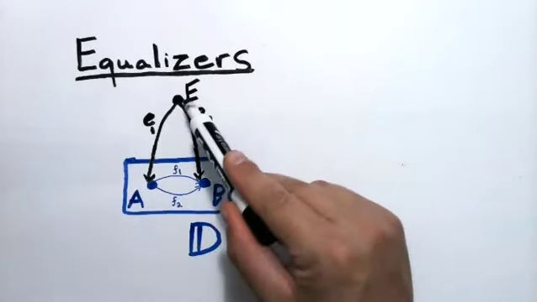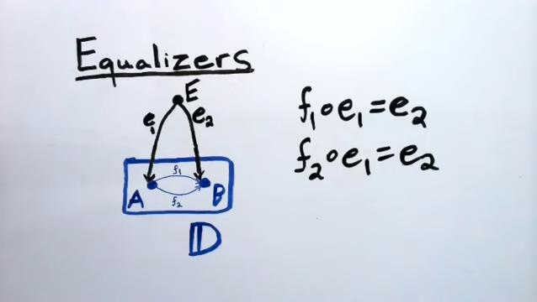We need to have F1 after E1 equal to E2, and F2 after E1 also equal to E2. If we have these two equations in place, then we have a cone over this diagram.